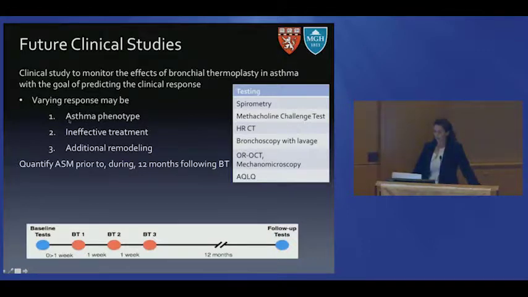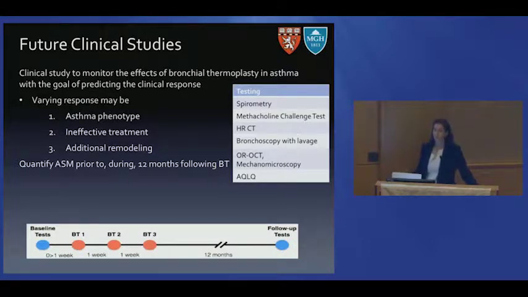Potentially looking at different phenotypes of asthma. Is it more an airway smooth muscle driven one, or is it more an inflammatory driven one? Look at why treatments are ineffective. Was it just the treatment itself? In our animal study, we noted that in some regions where we thought it was treated, where Boston Scientific and the clinicians said it was treated, we saw no change in airway smooth muscle.